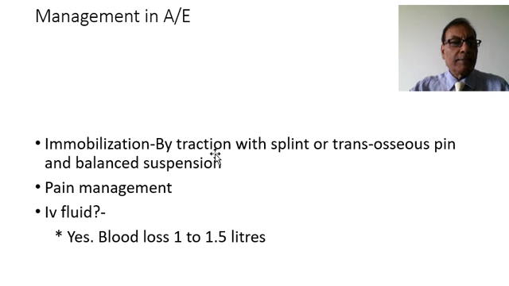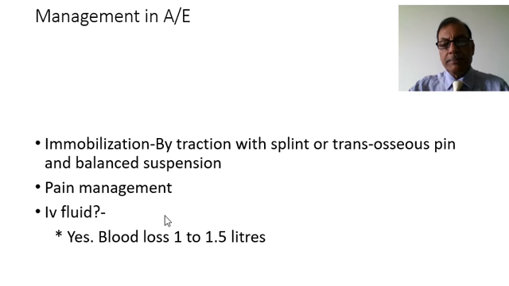What is the management in A&E? You have to immobilize the fracture by traction on a splint, on pillow, whatever you want. The skin traction or sometimes the skeletal traction, whichever is suitable for that particular patient. You have to take care of the pain, so you have to give analgesics to the patient.